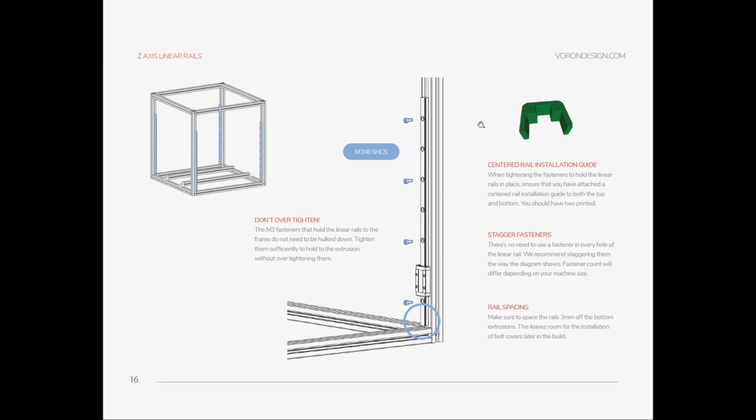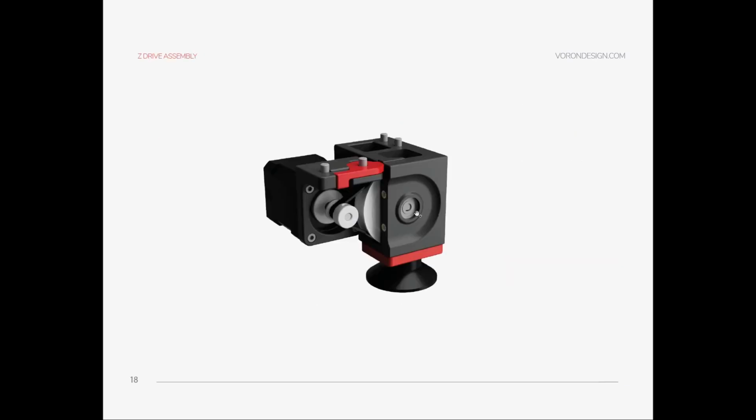What I did basically, I put my installation guides and aligned my T-nuts. After that, I screwed them, skipping the empty holes, and at last I tightened all screws on the rails. All Z rails are done the same way.